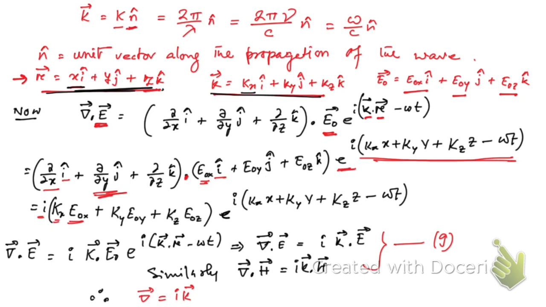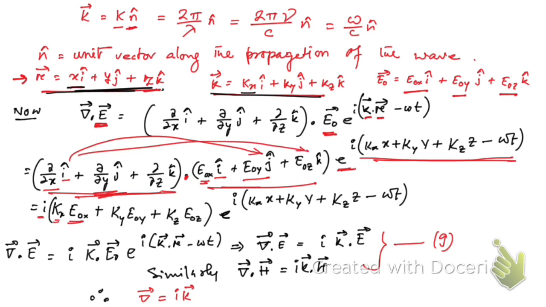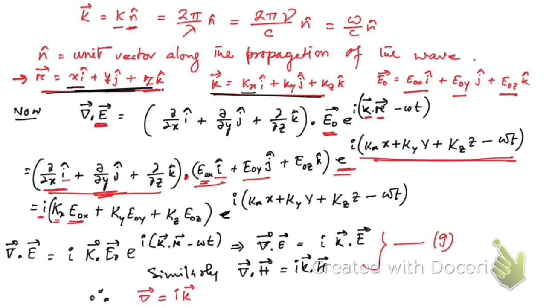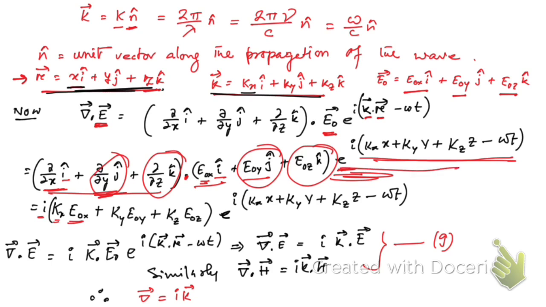Because you see, when you take the dot product of these two, then i cap j cap is going to be 0, and the dot product of i cap k cap is going to be 0, right? That's why we're going to get del x of this into this, then del y of this into this, then again del z of the z component into e to the power this, right?